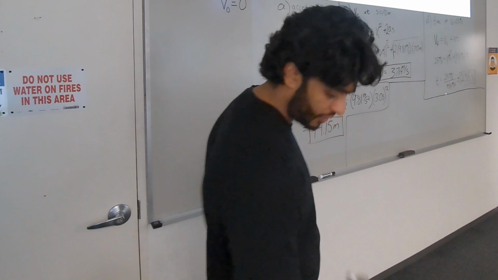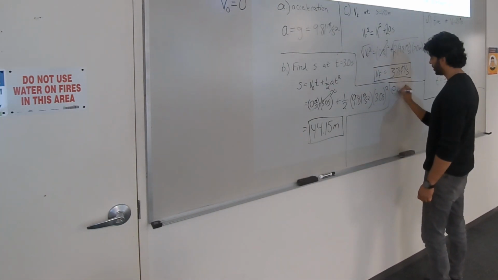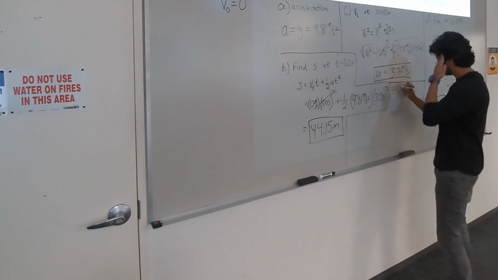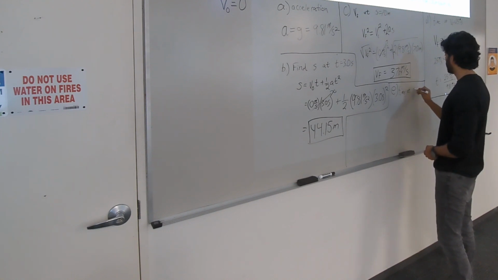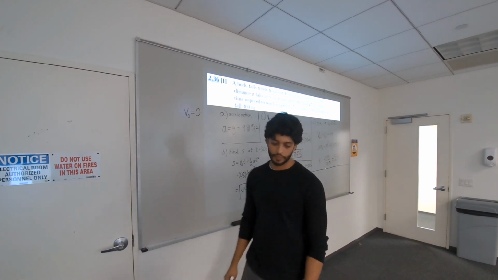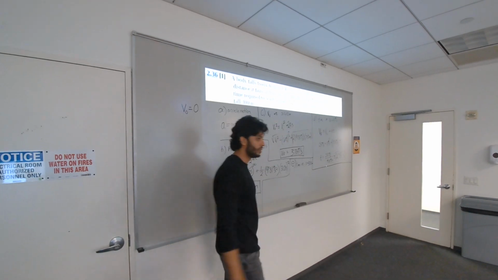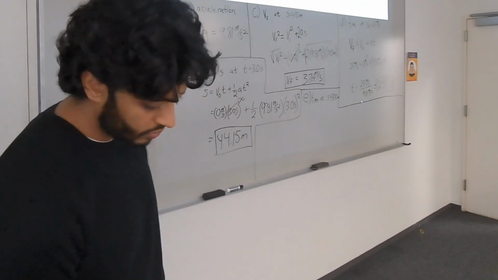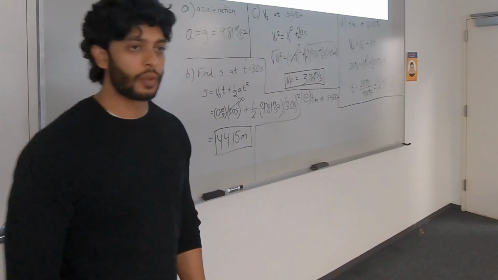So now we are given E, time at S equals 300 meters. Which formula are we going to use for this one?